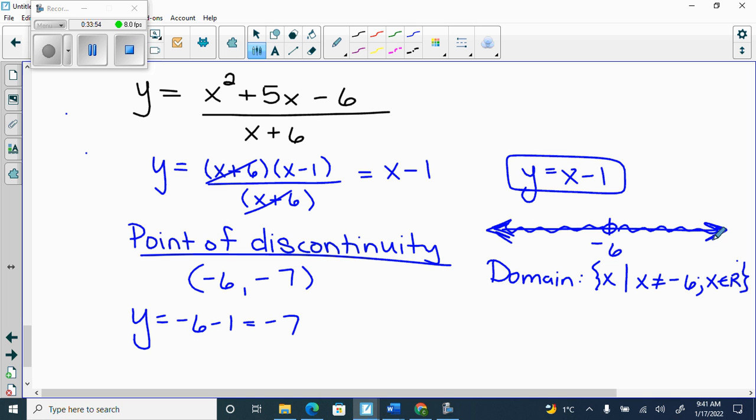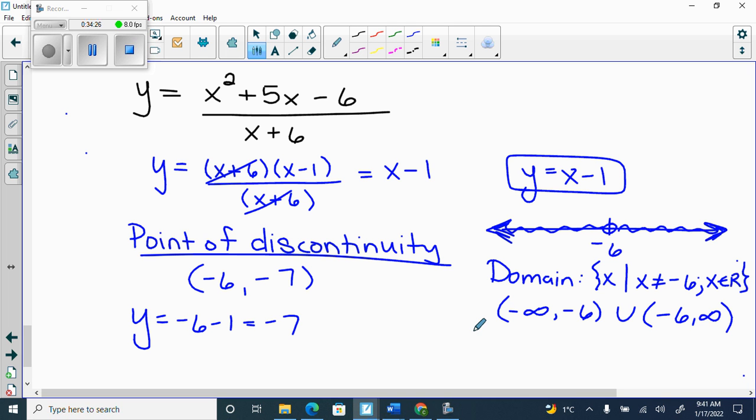So basically you have -infinity to -6, round bracket, union, -6 to infinity. If you had x can't equal -2 and 0, you'd go from -infinity to -2, -2 to 0, 0 to infinity, round brackets. So you count the numbers.